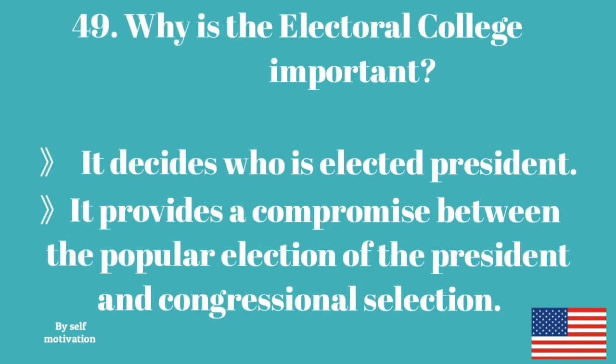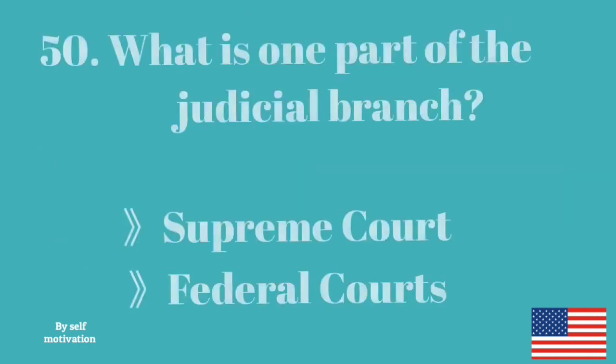Why is the Electoral College important? It decides who is elected president. It provides a compromise between the popular election of the president and congressional selection. What is one part of the judicial branch?